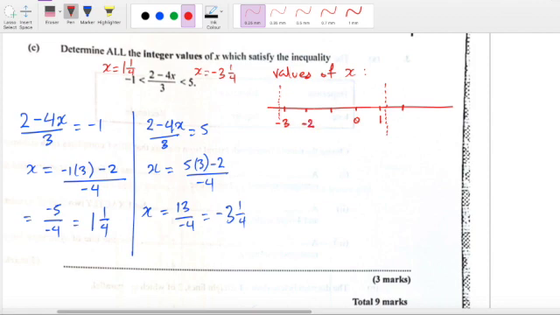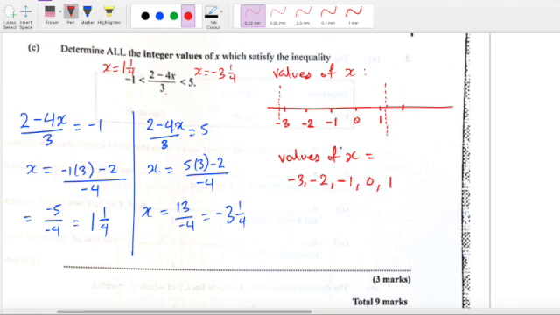And so we could see these integers here. And we could tell that once x stays in this range, then this inequality will be true. This thing will be between -1 and 5. So therefore, the integer values of x, so just the whole number with the sign, will be -3, -2, -1, 0, and 1.